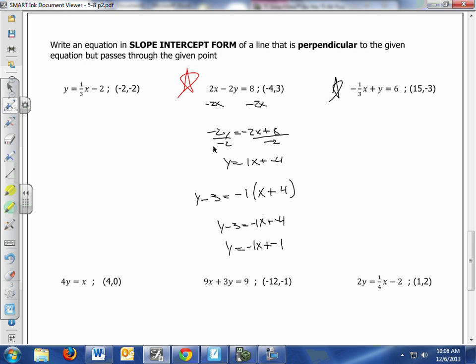Go. Good. Actually, when you get the right answer, you can back up.